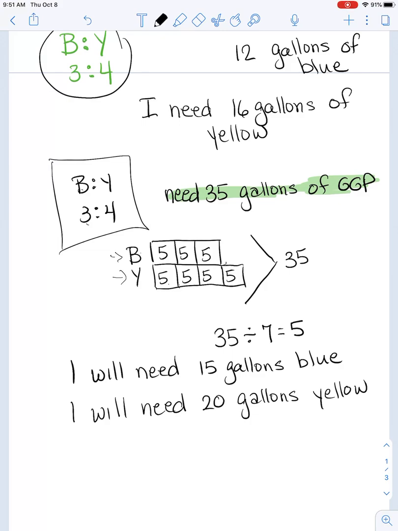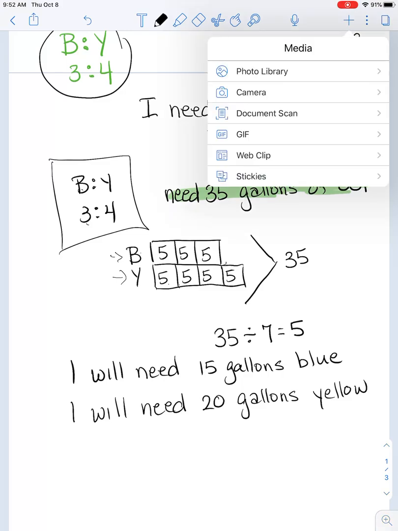Okay, so I have a 3. The blue part of the ratio is 3, so I draw 3 boxes. The yellow is 4, I draw 4 boxes. How do I get the number inside? From that extra piece of information, I have to divide it so that every box has the same number. And that is how we use tape diagrams.